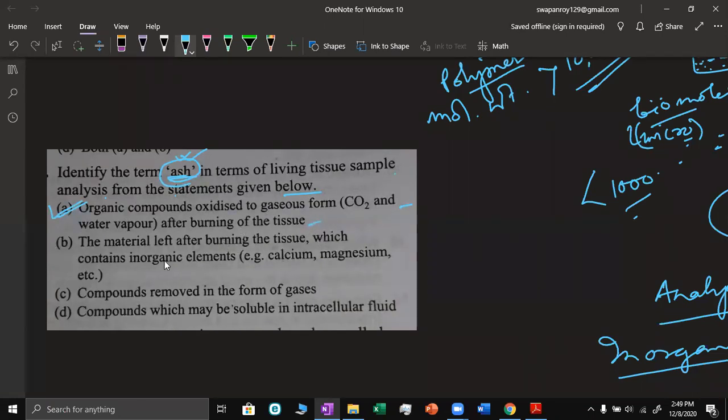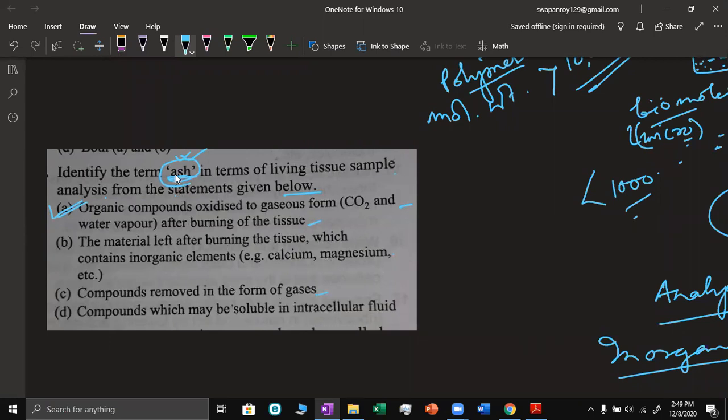This material left after burning the tissue contains inorganic elements, calcium, magnesium. All these are true. After burning, these things remain. The compounds that leave in the form of gases are not explaining the ash.